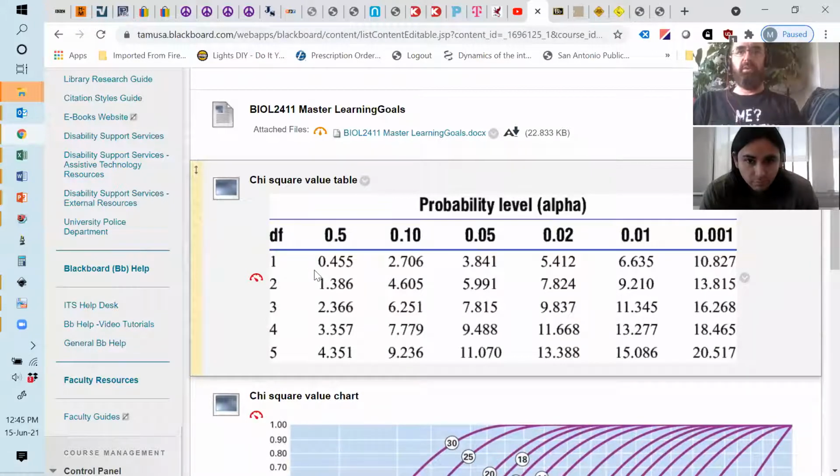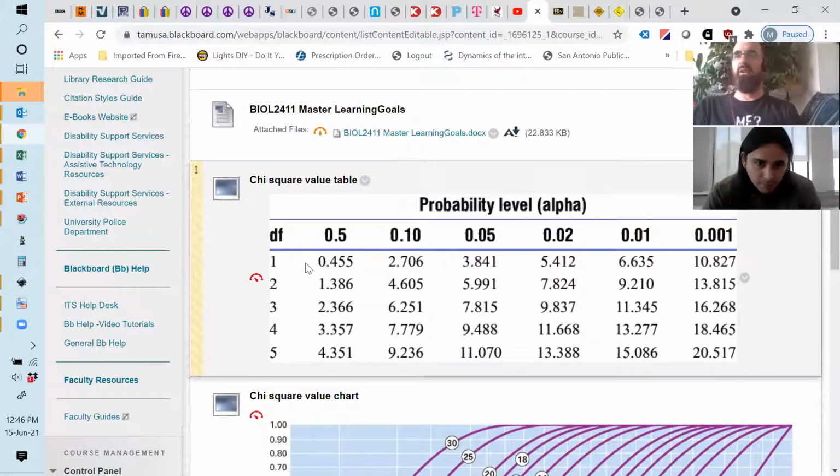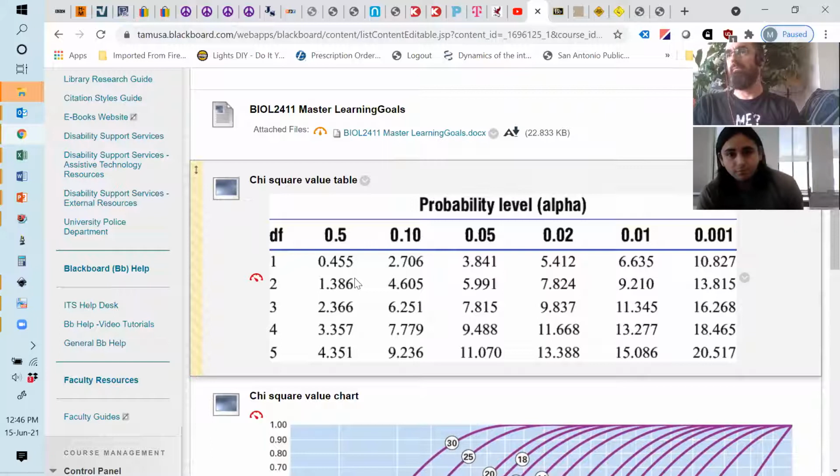First you find your degrees of freedom, which in this case is 1, so you start off on this row. And now you see, where does my value fit? 0.04 is smaller than the smallest value that we have on here.